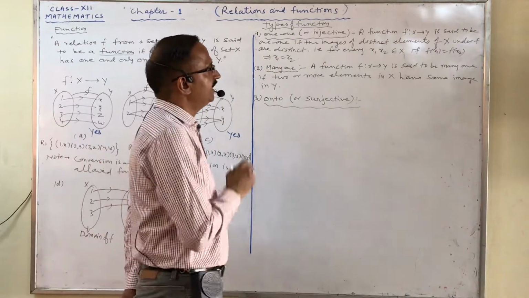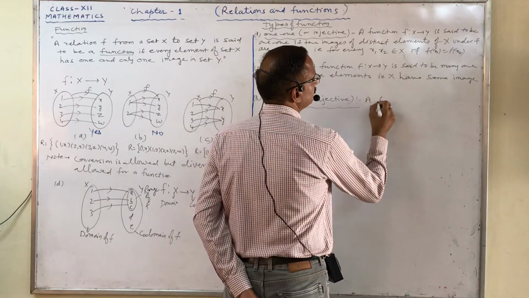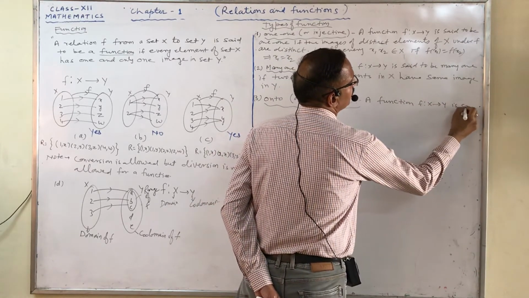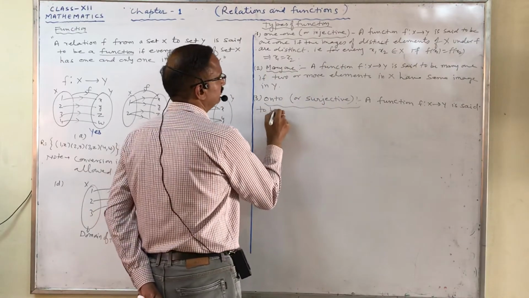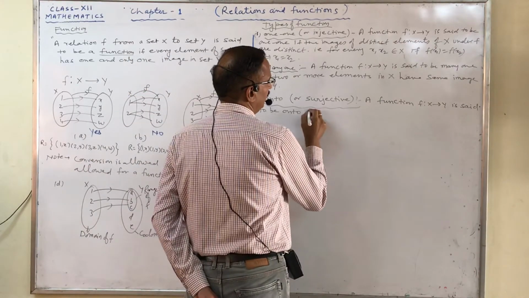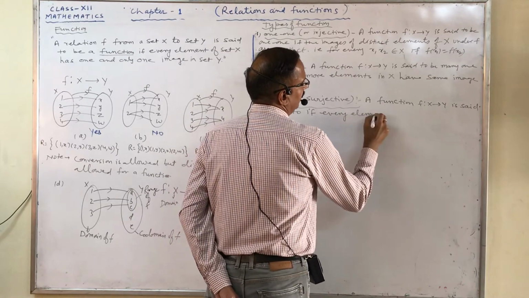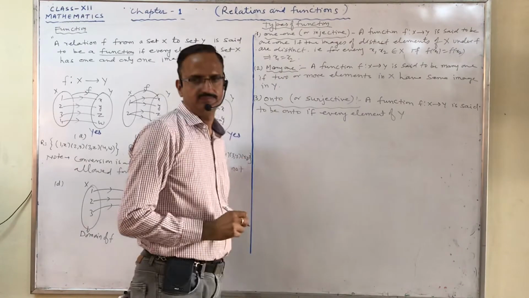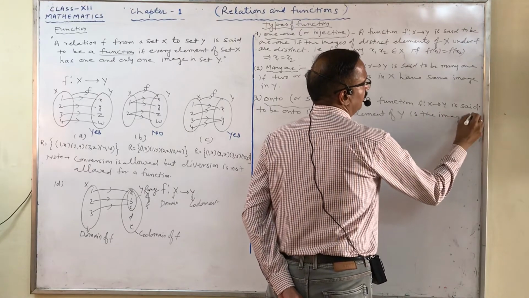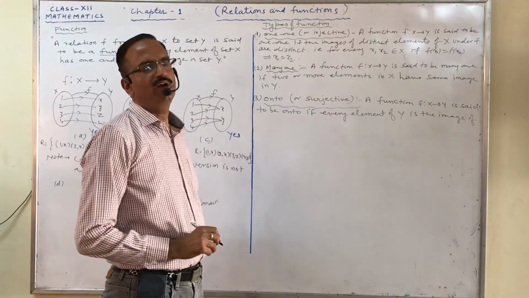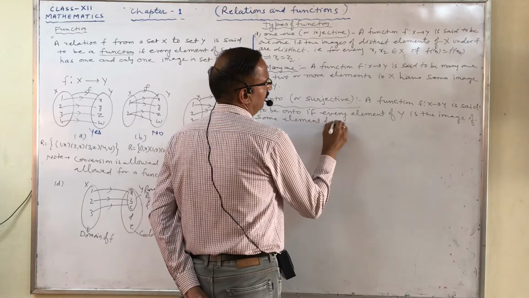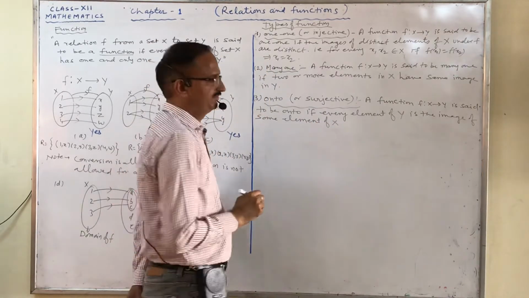We can define this as: a function f from X to Y is said to be onto if every element of Y is the image of some element of X under f.